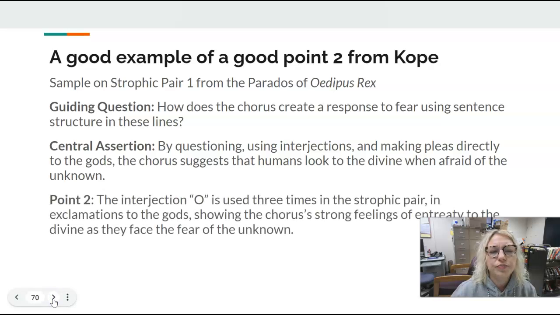Here's my point 2. The interjection O is used 3 times in the strophic pair in exclamations to the gods, showing the chorus's strong feelings of entreaty to the divine as they face the fear of the unknown.